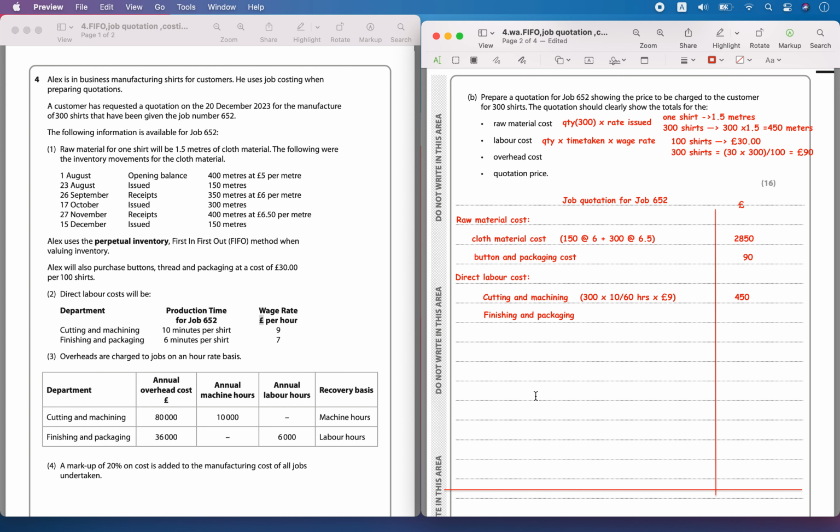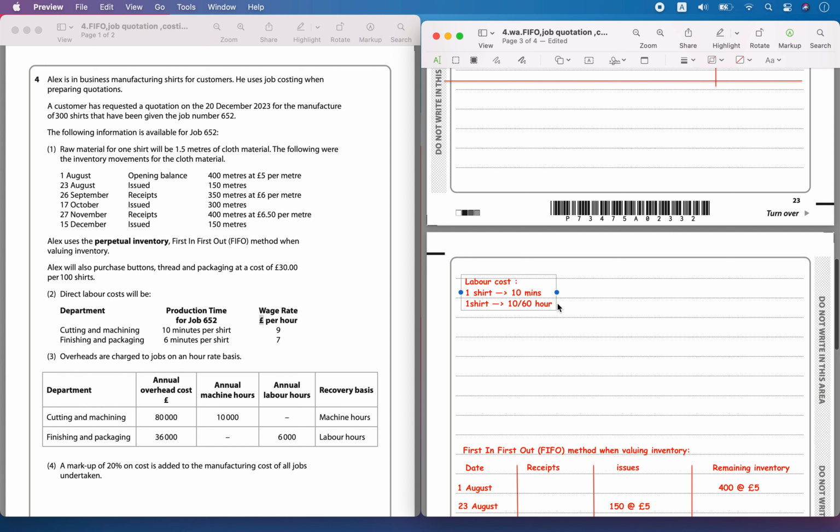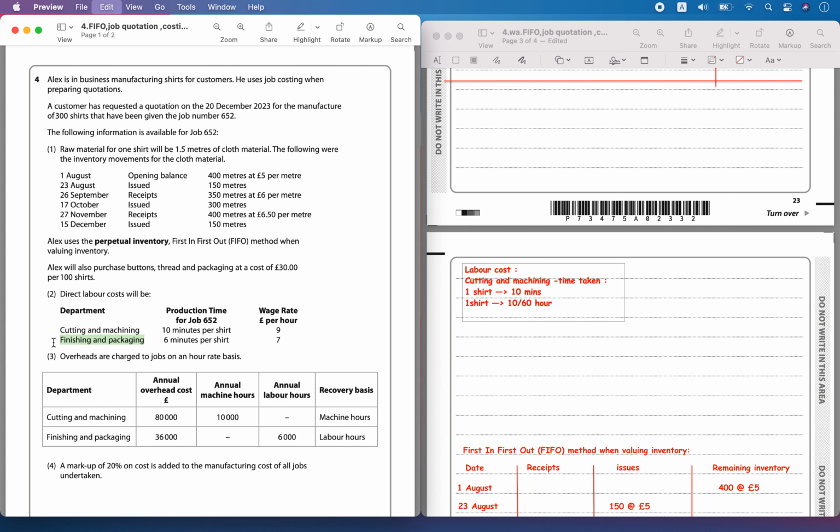Then for finishing and packaging, for one shirt it takes 6 minutes. This was for cutting and machining, time taken. And then you have the finishing and packaging section. What is the time spent?